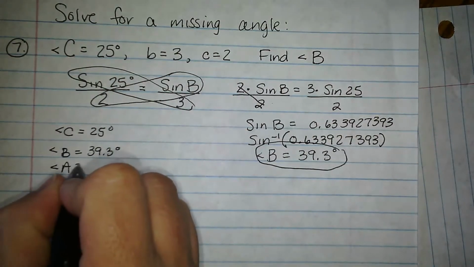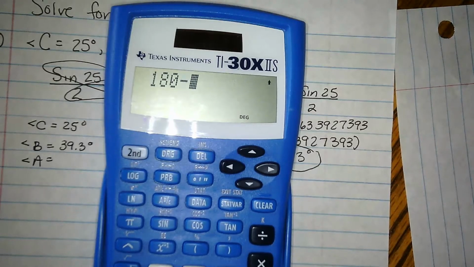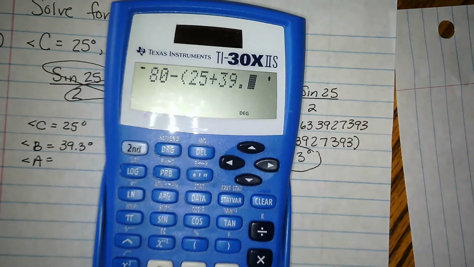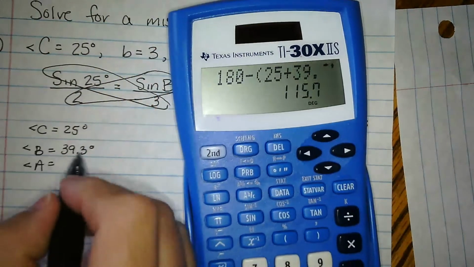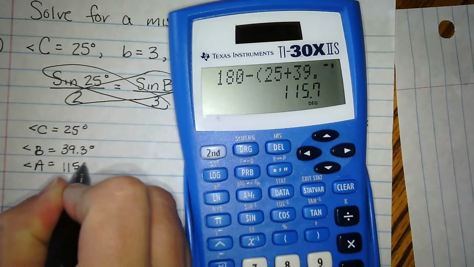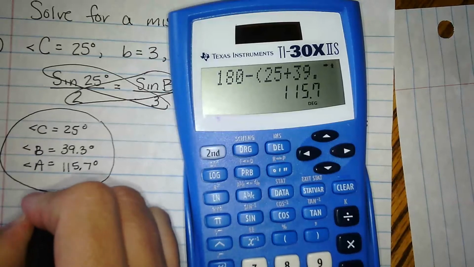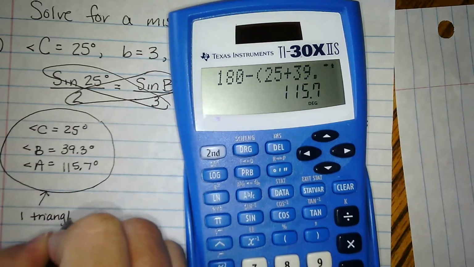And angle A would be 180 minus these two, which is 115.7 degrees. So this is one triangle. This means that we have one triangle that works.